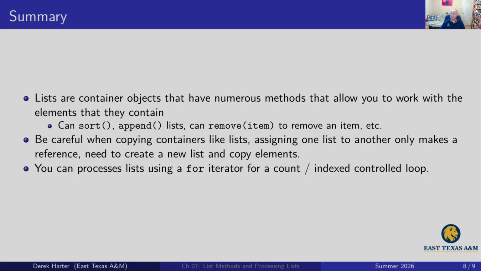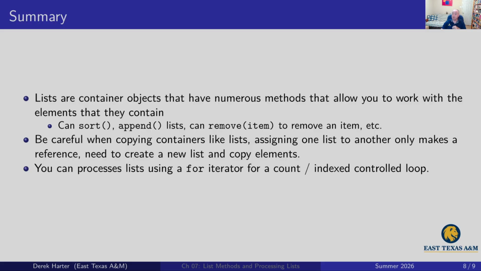So be careful when copying containers like lists, since that doesn't do the same thing as making a copy of a fundamental type like an int or float. It actually makes a new reference to the list. So especially when you're passing lists into functions and returning them from functions, you should be aware of the difference between copy by value versus copy by reference.